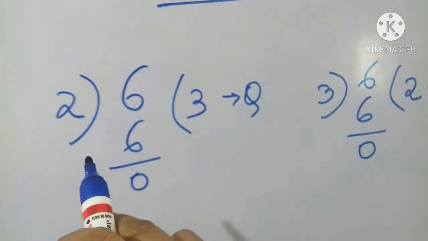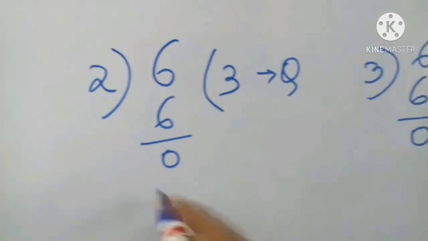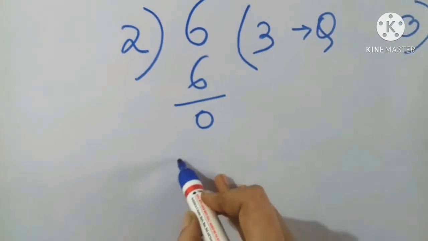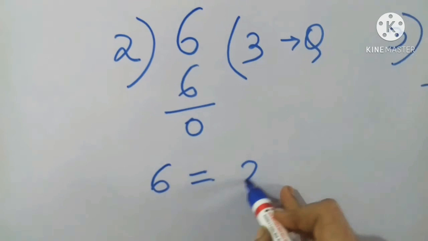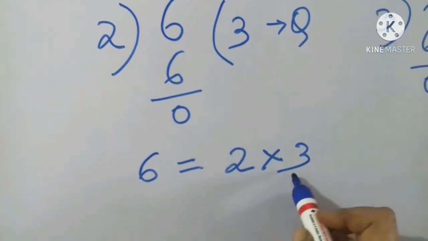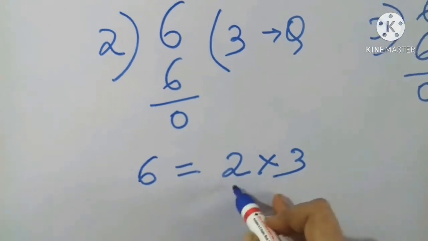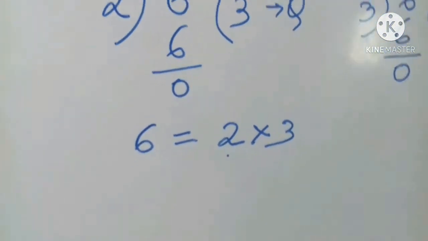In both cases the remainder is 0, so I can write that the two factors of 6 are 3 and 2, since 3 2s are 6.